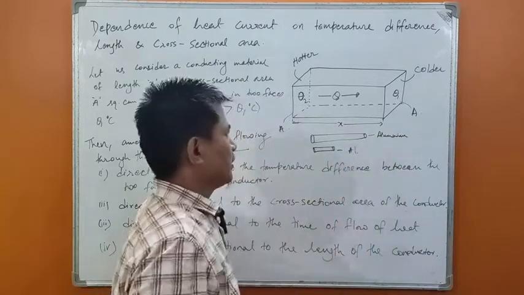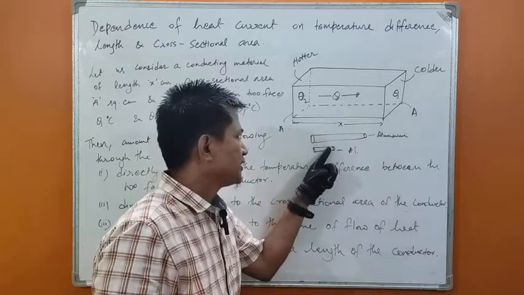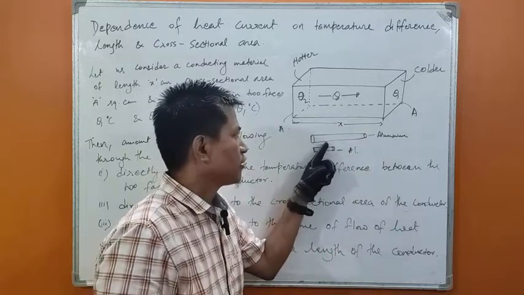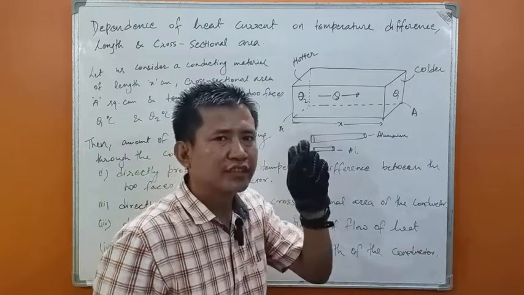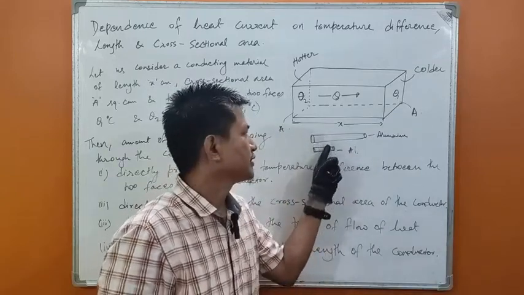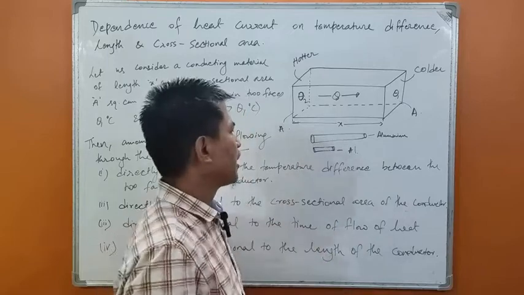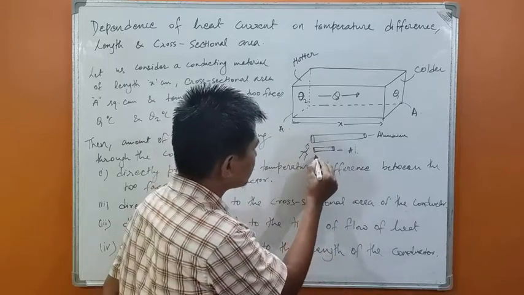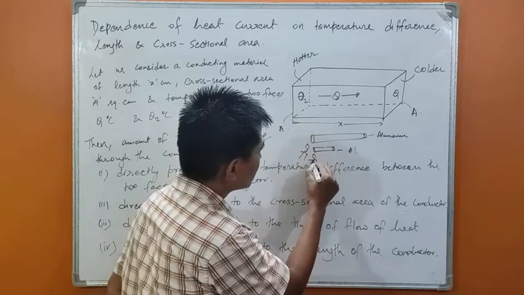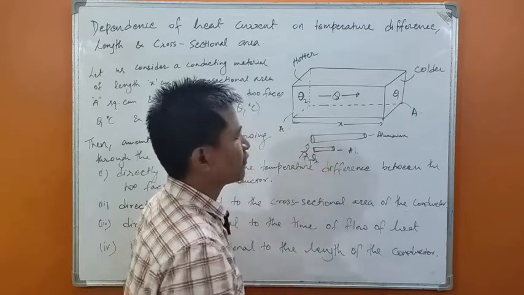Both conductors are made out of aluminum, both are of the same thickness, or I mean to say the same cross-sectional area. Now let us heat these two metallic rods for the same amount of heat and for the same time.